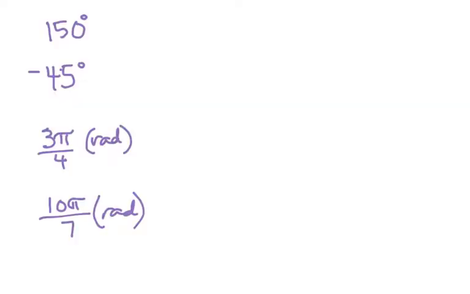So I've written down a couple of examples here so that we can practice converting them. Your big clue here is if you see degrees, like negative 45, you're going to change it into radians.